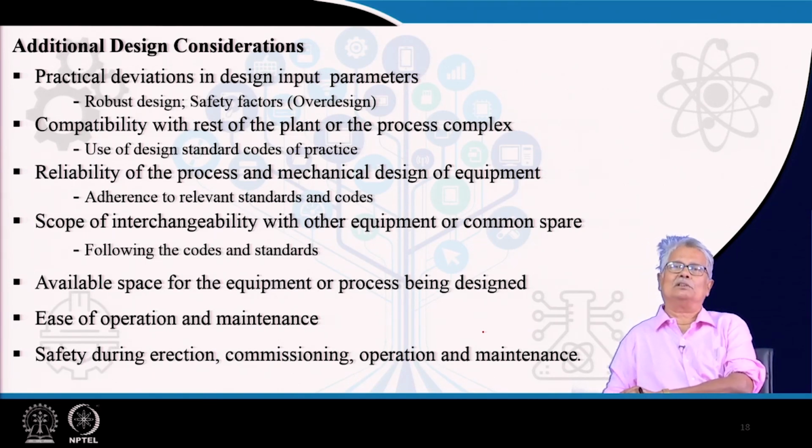There are codes which relate to the material quality, codes which relate to the design of pressure vessels, and codes which relate to the design of heat exchangers and columns and other things. Making a design as per the code gives us certain advantages like interchangeability of equipment and reliability of equipment, and following a uniform code will attract less insurance price, which, particularly for hazardous plants, is a reasonably large fraction of the operating cost.